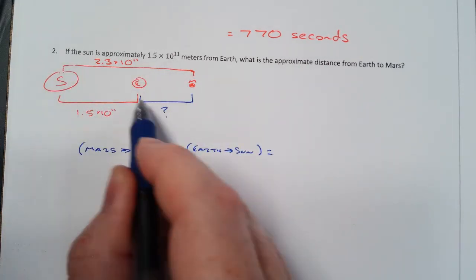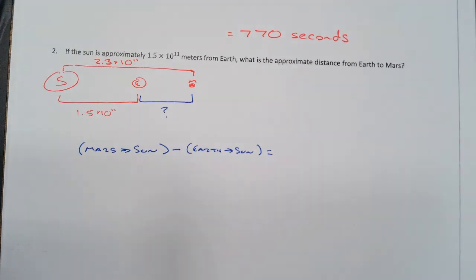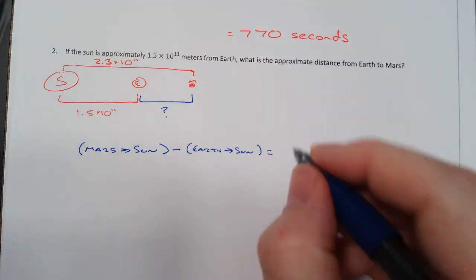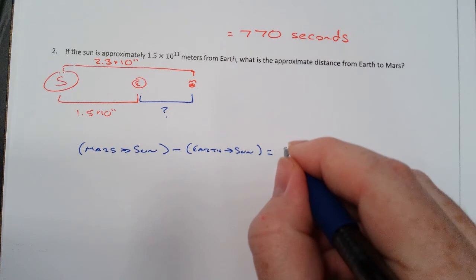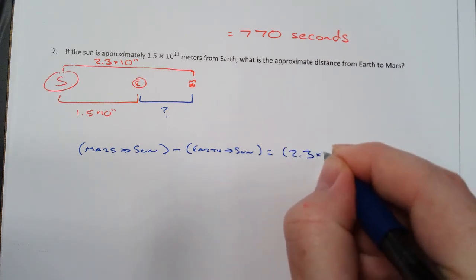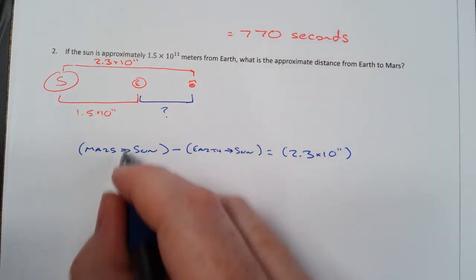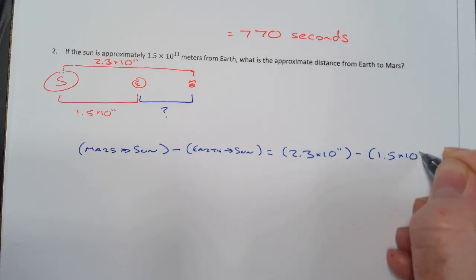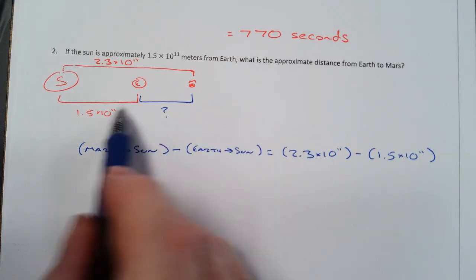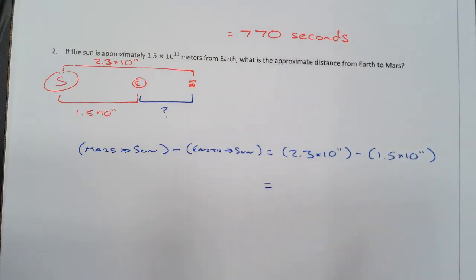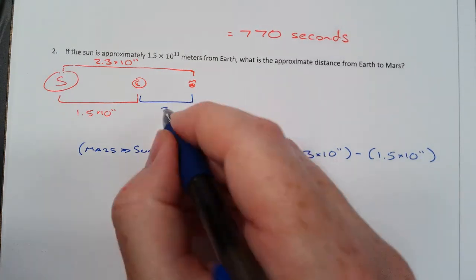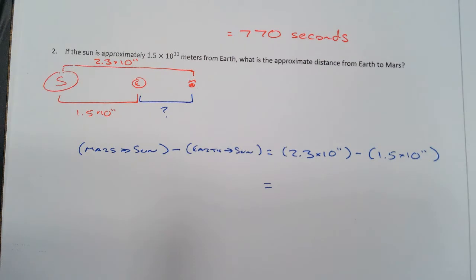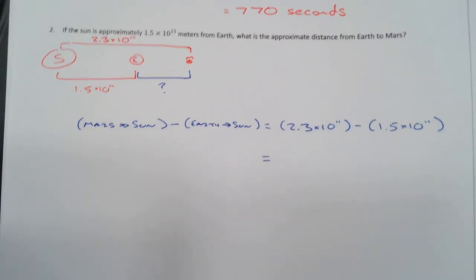This minus this gives us the missing piece. So you should be able to do 2.3 times 10 to the 11th, which is Mars to the sun, minus 1.5 times 10 to the 11th, which is Earth to the sun, to find out how many meters from Earth to Mars.